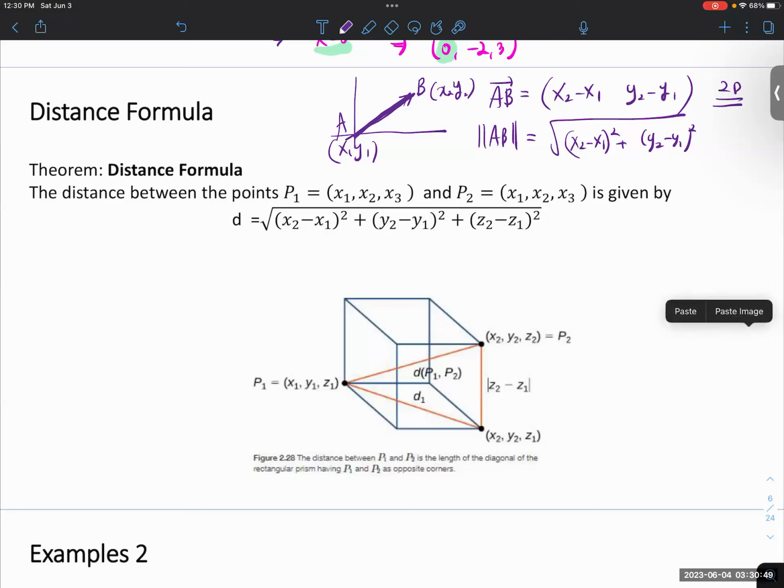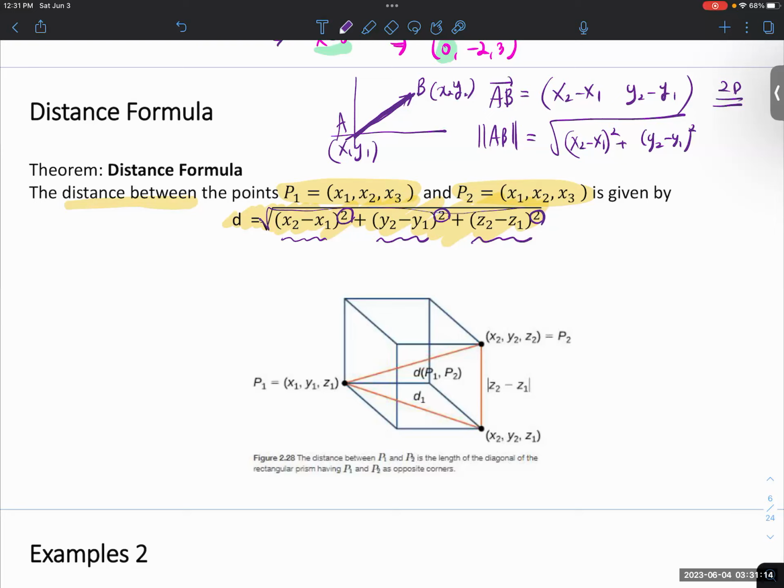We're going to do a similar thing in three-dimensional space. Let's say I have two different points, P1 and P2. How do you find the distance between them? This is the formula. You find each difference: the x difference, the y difference, and the z difference, square each of them, and then put the radical.